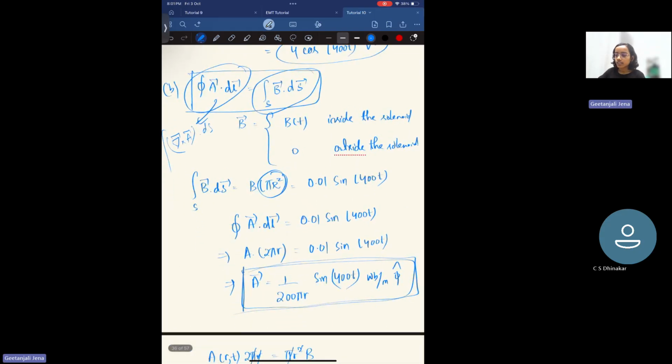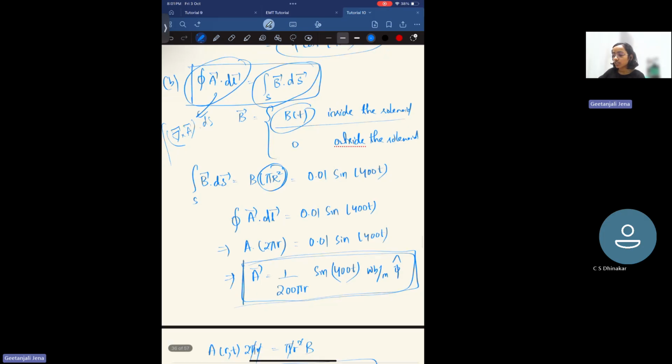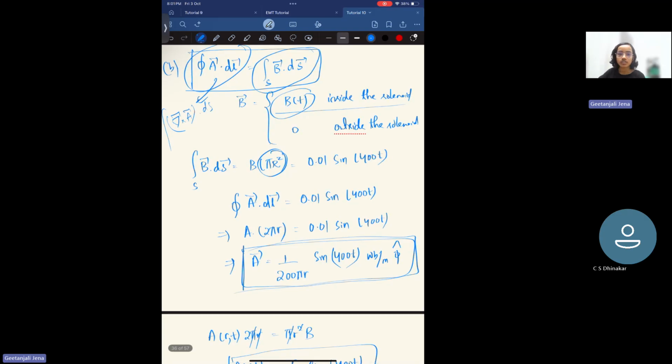To calculate the vector potential, first we see where the magnetic flux is non-zero. B(t) is only non-zero inside this coil and is zero outside. So we need to take the integration from 0 to R. B is a constant in space and only varies with time. So if you take the integration over ds, it will give pi R squared.